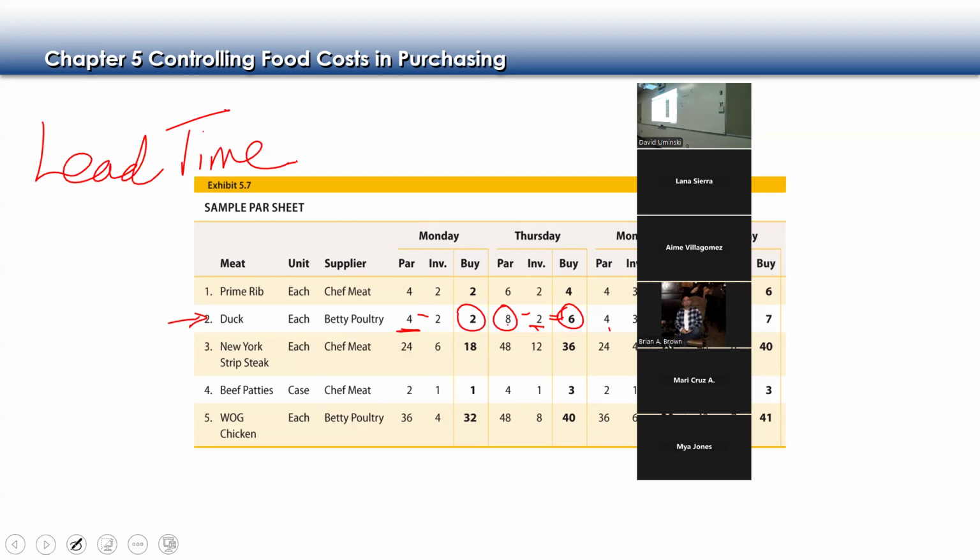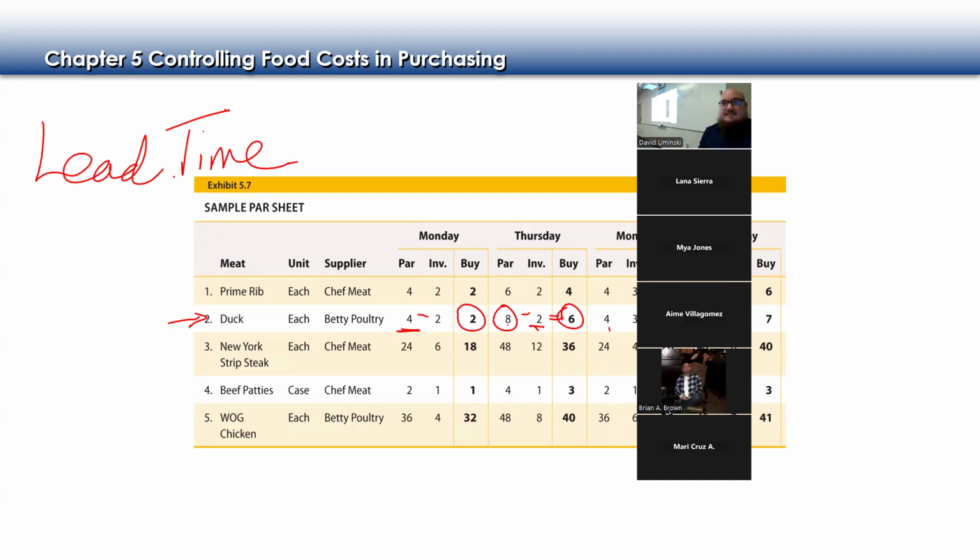So this is where the second page of your notes is going to come into play. I'm going to open it up here on the screen so everyone can see it.